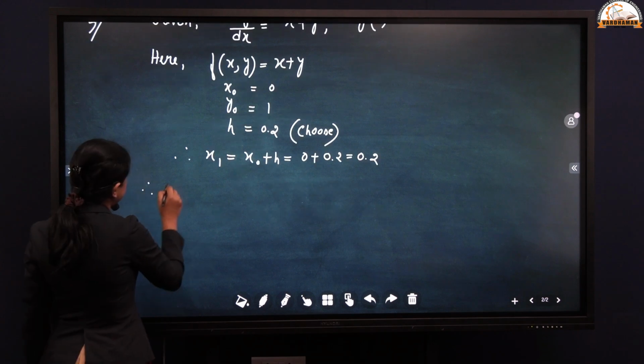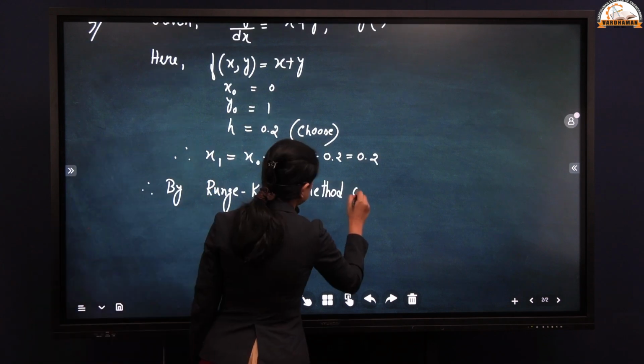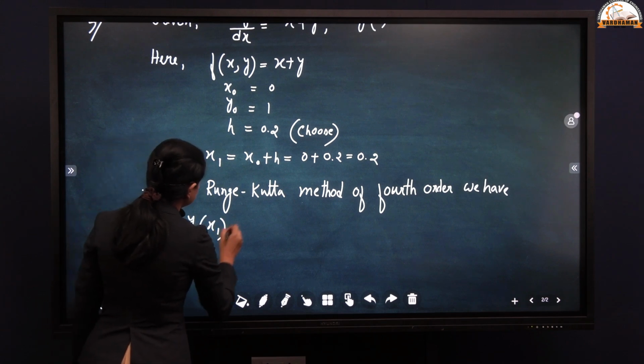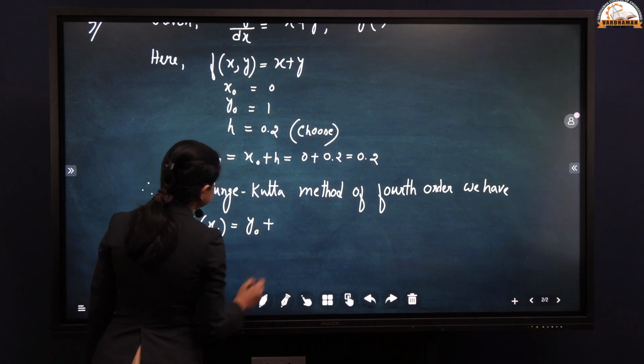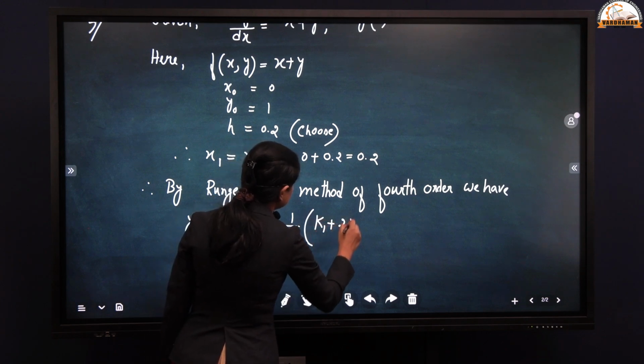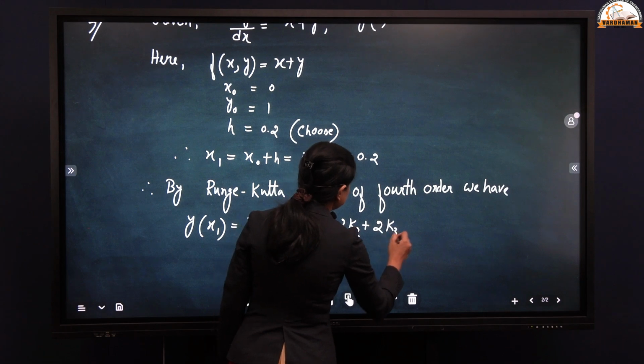Therefore, by the Runge Kutta method of fourth order, we have y at x1 is equal to y naught plus 1 by 6 times (k1 plus 2k2 plus 2k3 plus k4).